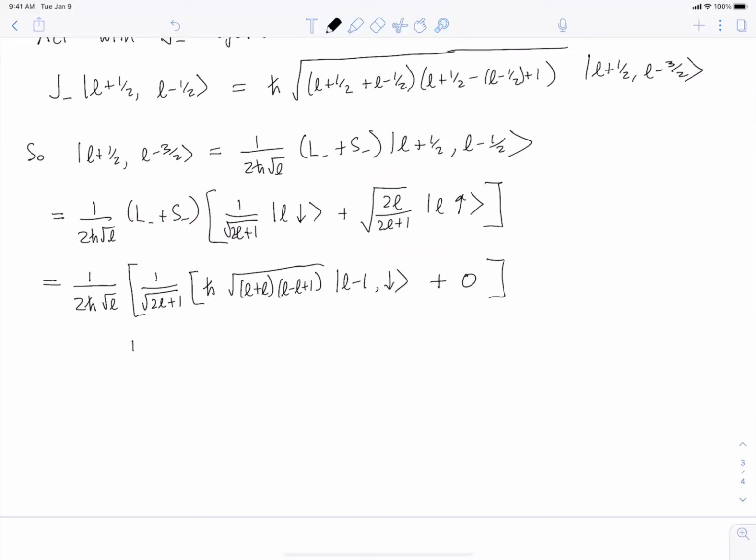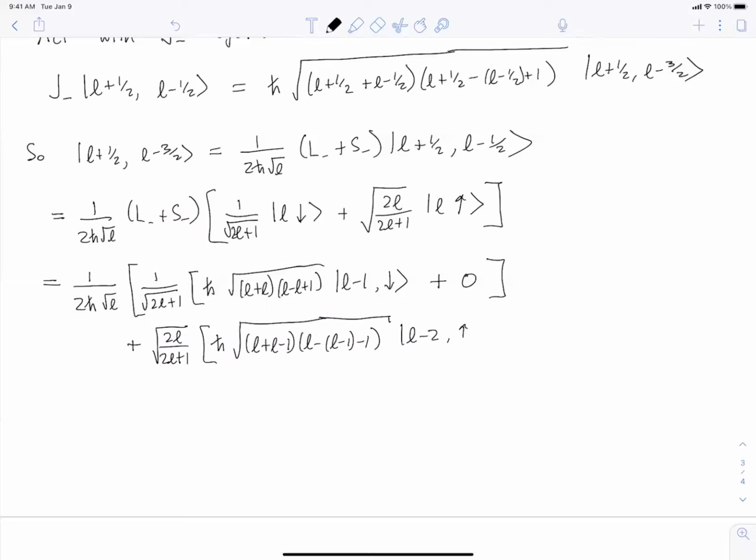So that's plus square root 2L over 2L plus 1, h bar square root of (L plus L minus 1)(L minus L minus 1 minus 1), all of that acting on L minus 2, up arrow, plus, this should have been an L minus 1 here, sorry, plus h bar square root of 1/2 plus 1/2, 1/2 minus 1/2 plus 1 on L minus 1 down arrow.